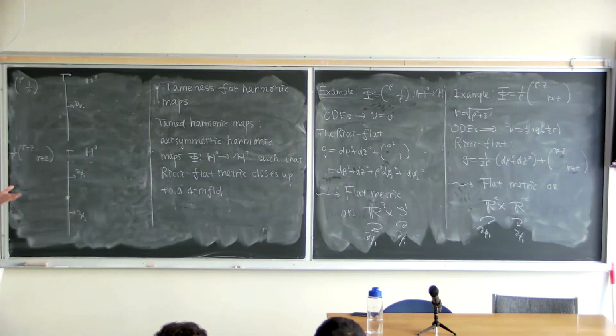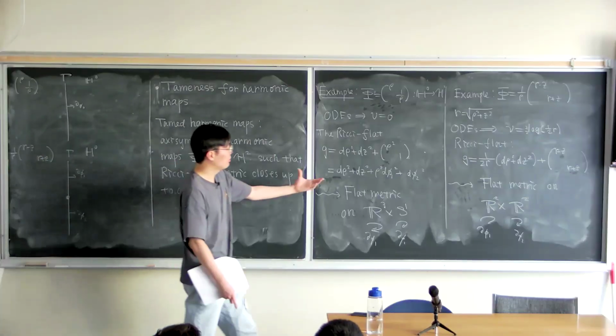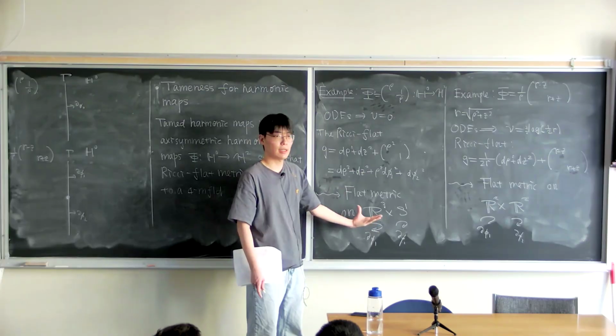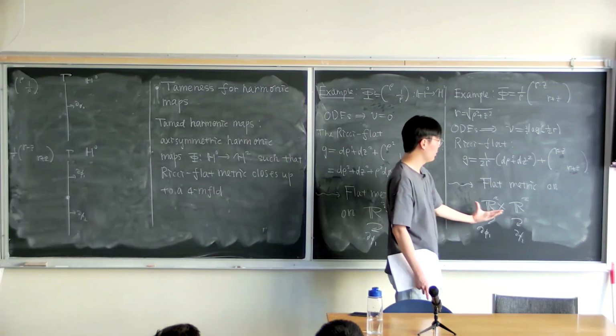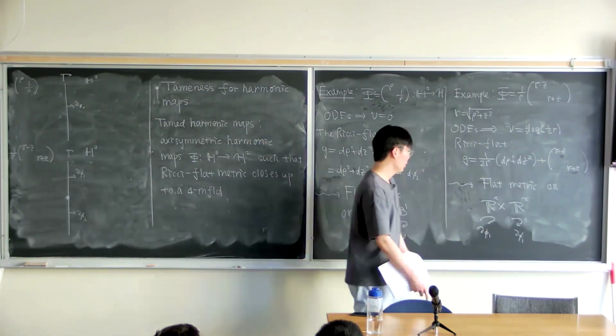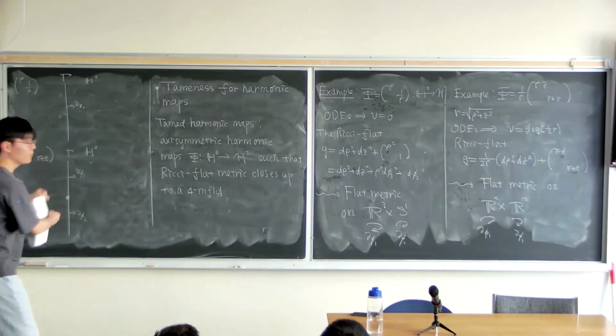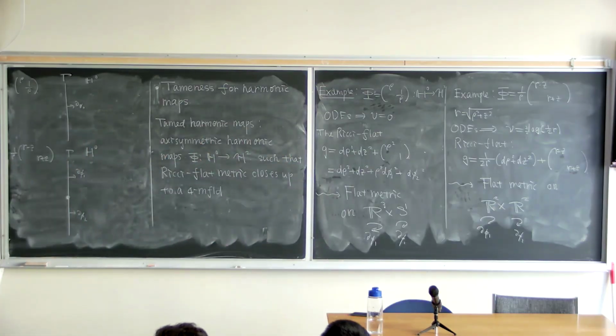And the general philosophy here is that if you mix this kind of behavior up, then you can create a much more complicated topology. For this example, the topology is still very simple. It's R3 cross S1. For this example, the topology is R2 cross R2. But if you mix this kind of behavior up, you can make much more complicated topology. Okay, then that's how we get the topology of X2.